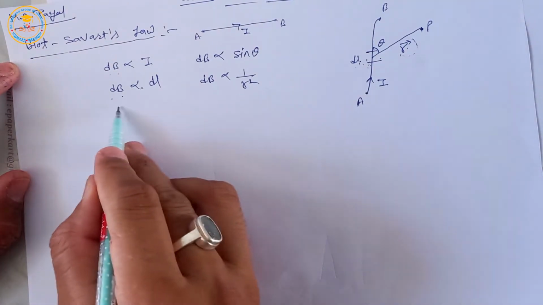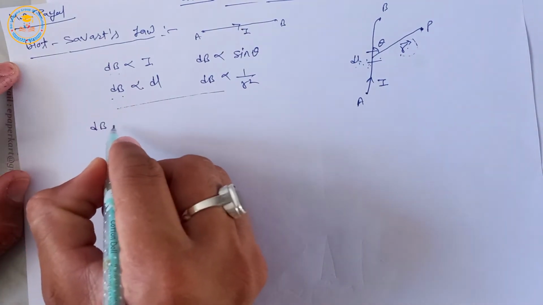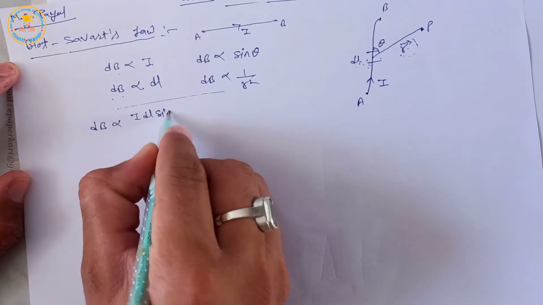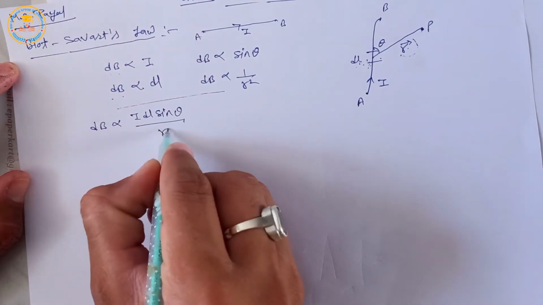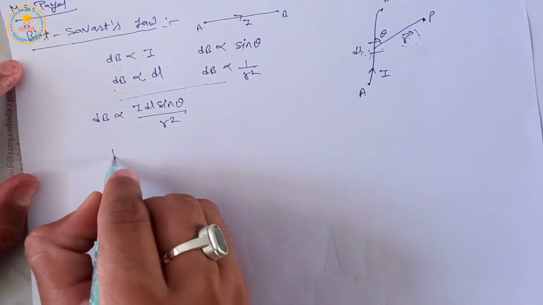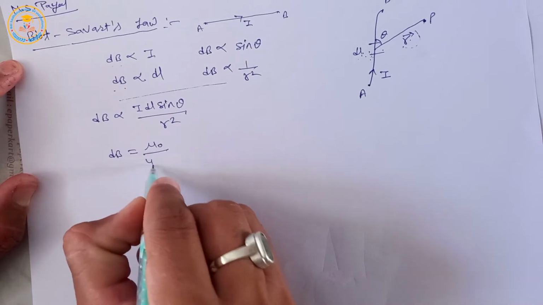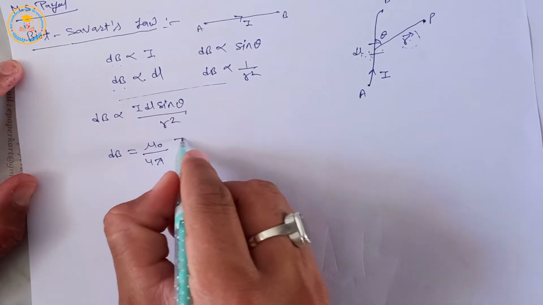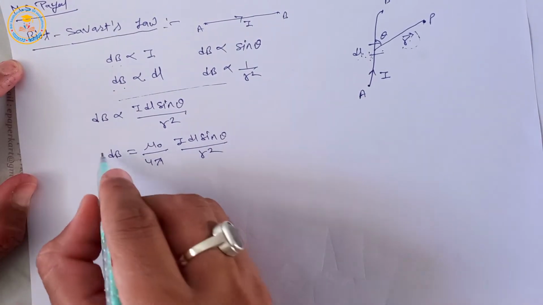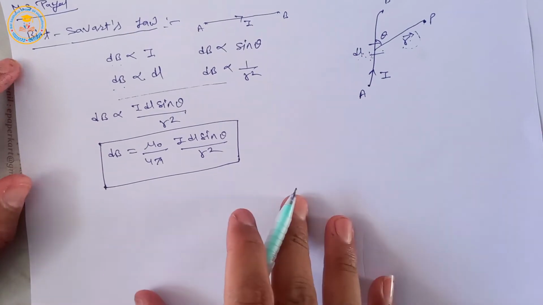So from the above statements, we write dB is directly proportional to I dl sine theta upon r square. If we remove the proportional sign, then dB is equal to mu naught upon 4 pi times I dl sine theta upon r square. This is the mathematical form of the Biot-Savart law.